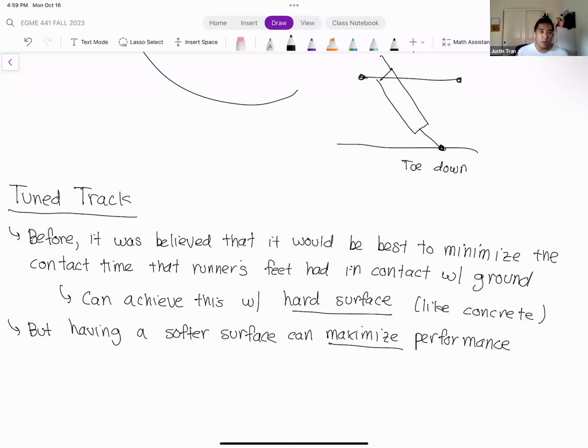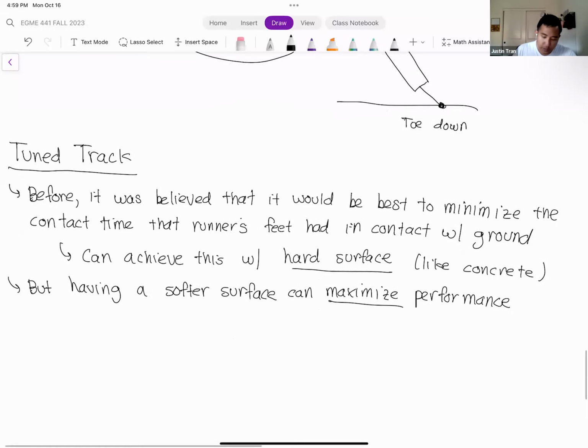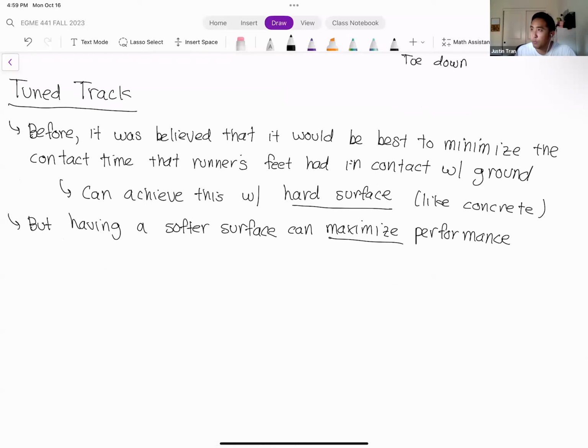Okay. Because you would think that if you have a softer track, it would be like you're running in sand, right? And so that's usually a bad thing. Well, scientists started to justify it based on this very simple model that we have here, that running is very similar to compressing a spring.